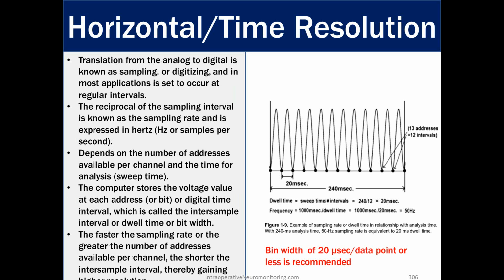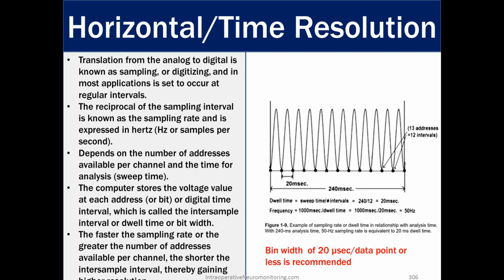Translation from the analog to digital is known as sampling or digitizing, and in most applications it is set to occur at regular intervals. The reciprocal of the sampling interval is known as the sampling rate and is expressed in hertz or samples per second. It depends on the number of addresses available per channel and the time for analysis, or the sweep time.